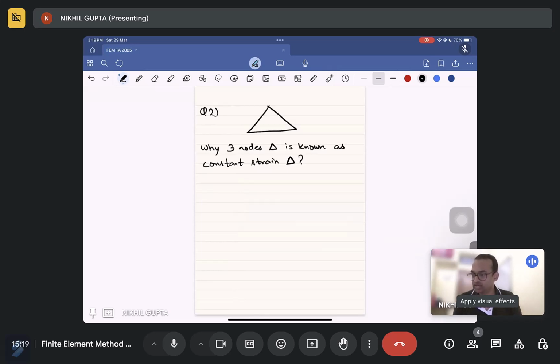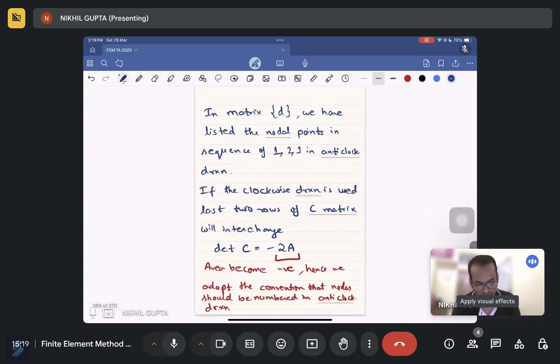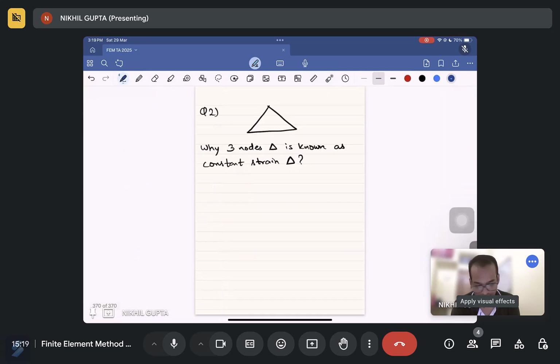When we use the inverse of C, what will we get? Since all these things we were doing for the constant strain triangle only, we'll use the same result.